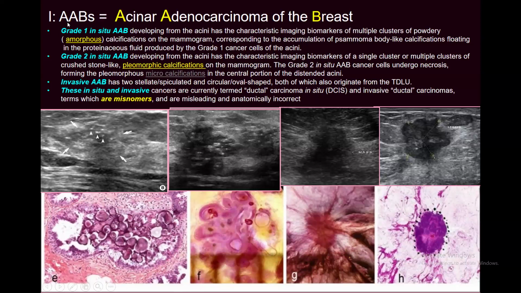Okay, let us go on. Again, we are talking about adenocarcinoma, acinar adenocarcinoma of the breast. And here we can see this is a grade 1, DCIS with psammoma bodies and amorphous calcification.